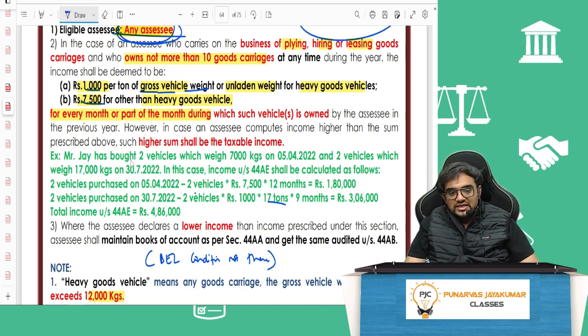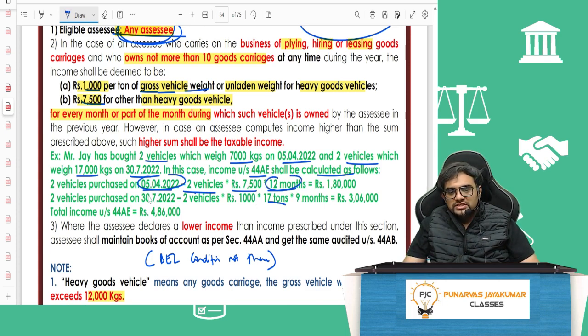For example, Mr. J has bought 2 vehicles which weigh 7,000 kgs on 5/4/22 and 2 vehicles which weigh 17,000 kg on 3/7/22. In this case, income under section 44AE shall be calculated as follows. 2 vehicles purchased on 5/4/22, 2 vehicles into 7,500 into 12. Why? Because it was bought on 5/4/22. Part of the month also will be considered fully, so 12 months.